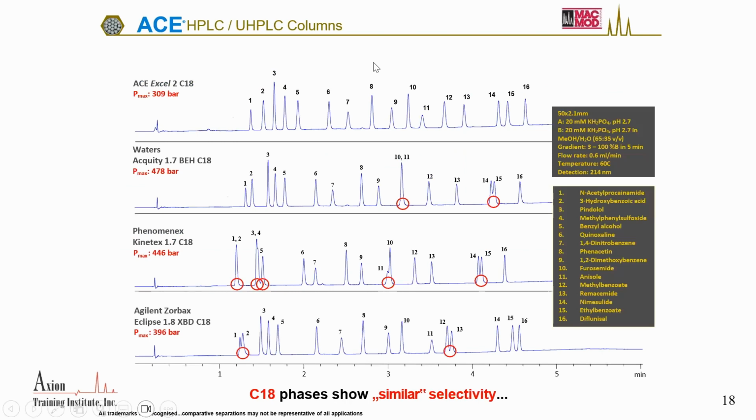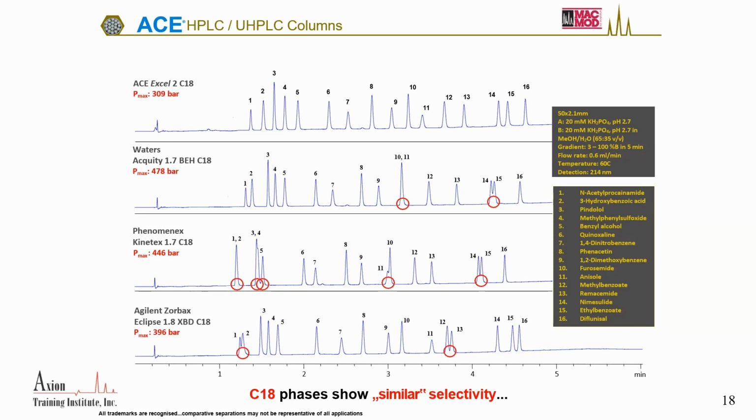different columns. So before we move away from a C18, I think a decent statement is, not all C18s are the same. A C18 is not a C18. Now, they're all 18 carbons, but it's how they're bonded. It's what the matrix is, what the silica looks like. So this is a neat example. These are difficult separations, but you're seeing them on a bunch of different C18s.